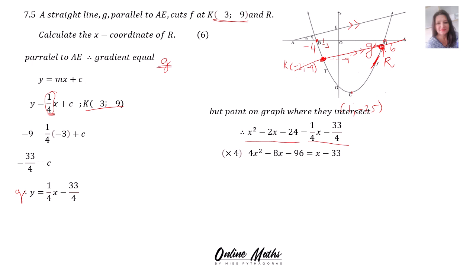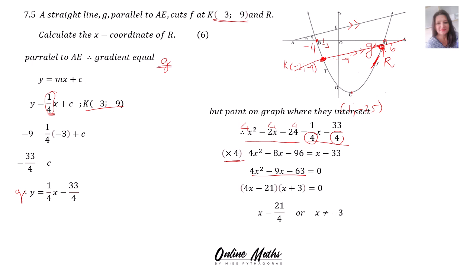I multiply it with 4 to get rid of the 4's here, and remember everything else has to be multiplied by 4. I get a little equation there, and then I factorize. And remember, if you can't factorize this one, no problem, use the quadratic formula. And your answer is x is 21/4 or x is equal to -3.